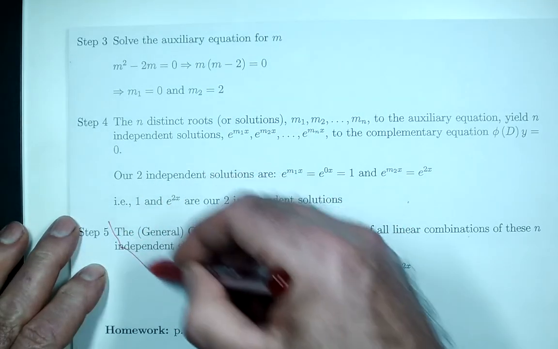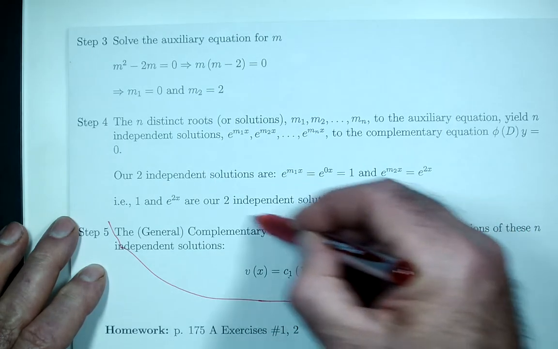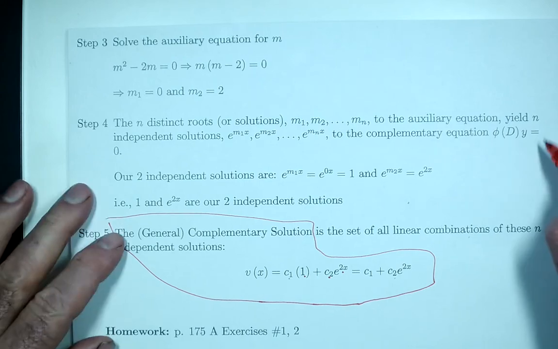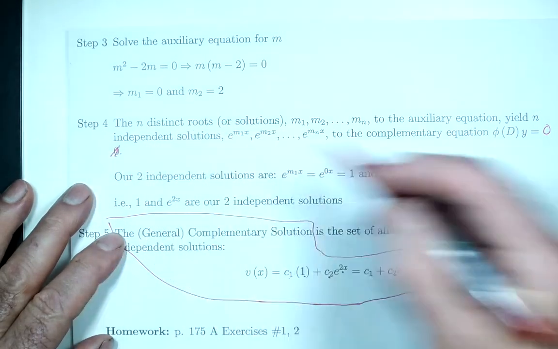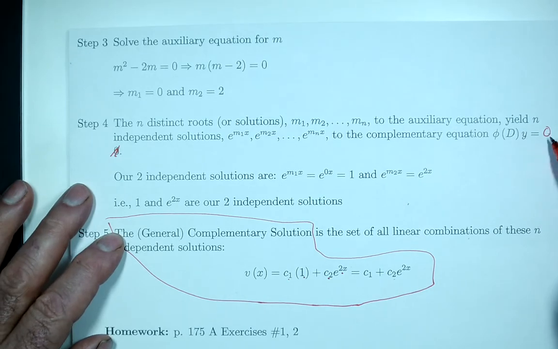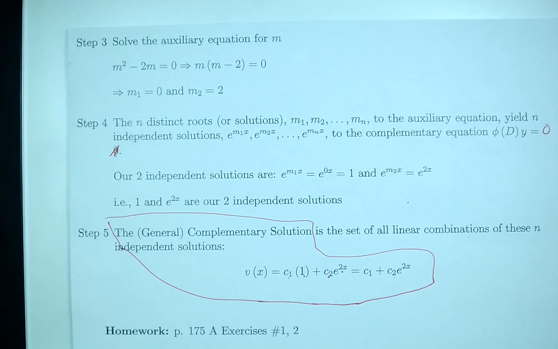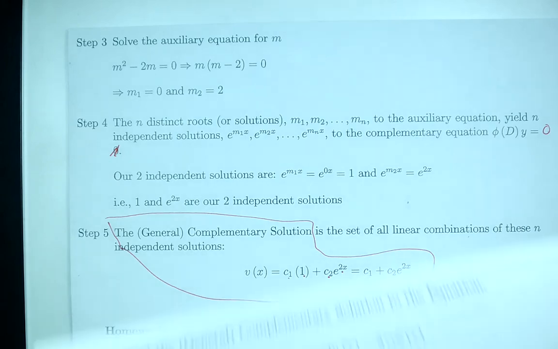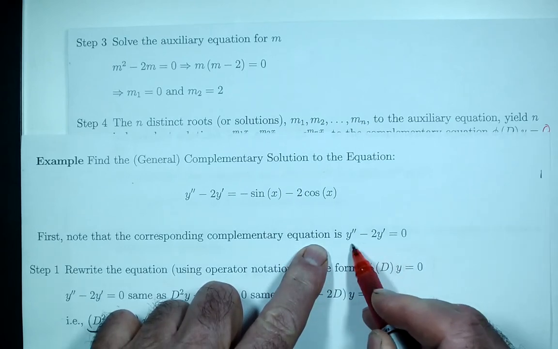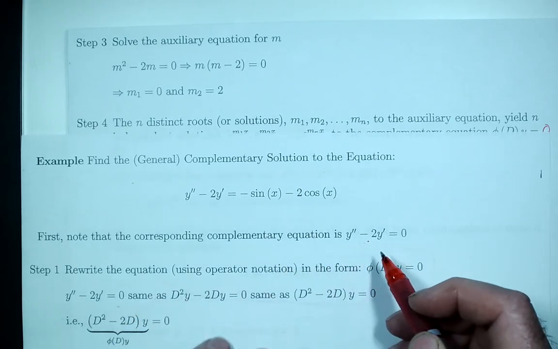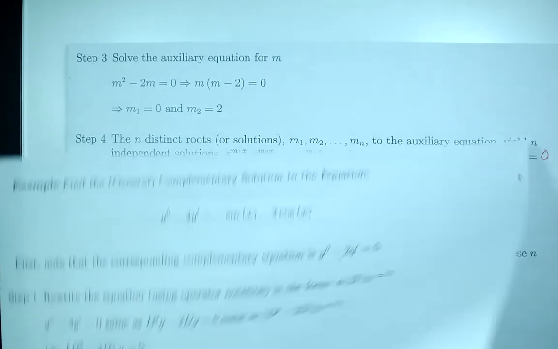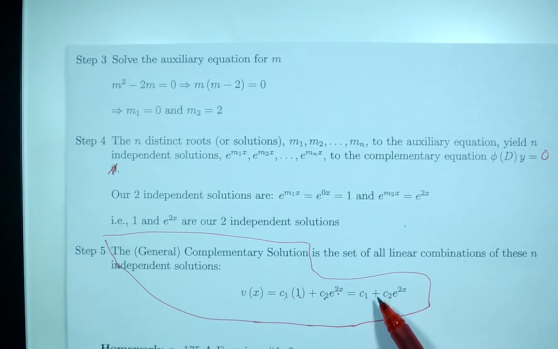Now, what does that really mean? It means that if we look at the original complementary equation, phi of D y equals 0, or if we go back just a little bit further, the original complementary equation right here, every solution of this complementary equation looks like this.